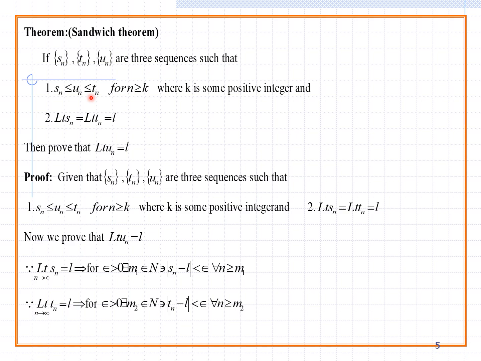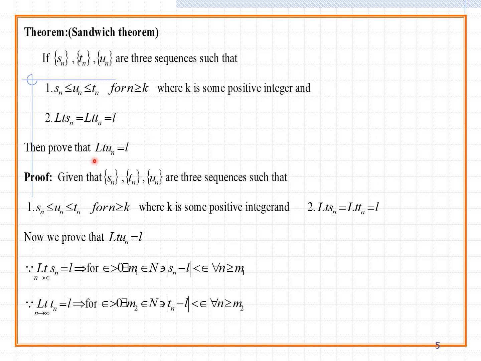Before, I explained with An, Sn, Bn, but here they denote it as Sn less than or equal to Un less than or equal to Tn instead. This holds for n greater than or equal to k, where k is some positive integer. The second condition is that the limit of Sn equals the limit of Tn equals L. Once you take the limit to infinity, you get L. Both values should be the same.